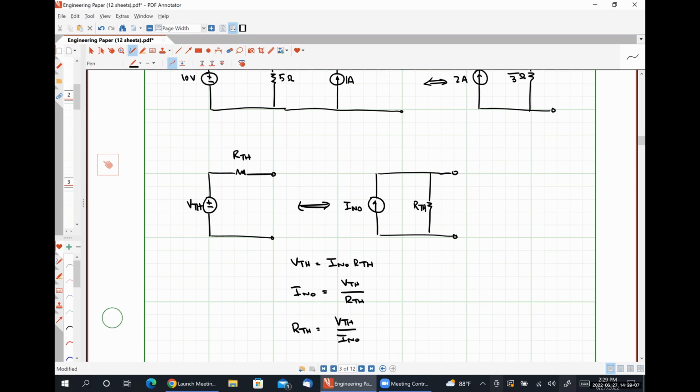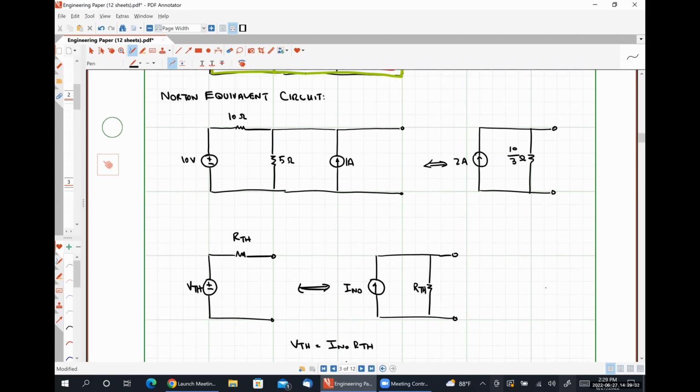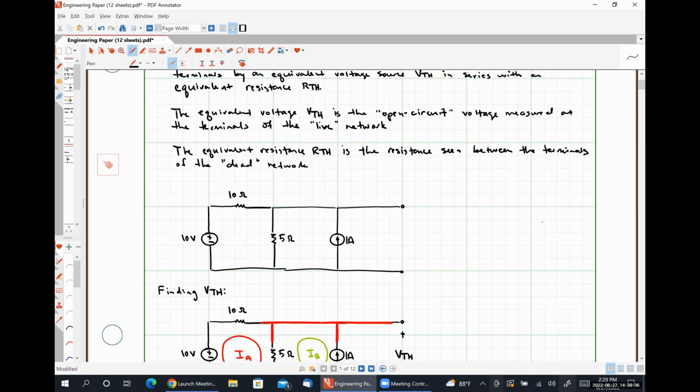Sarah asked, if the I Norton current was negative, would you just flip the arrow direction in the Norton equivalent circuit? That's a very good question, Sarah. So in a circuit like the ones that we have analyzed today, where there are no dependent sources, what I've done is very intentional. Let me scroll up here to our original circuit when we were finding VTH.